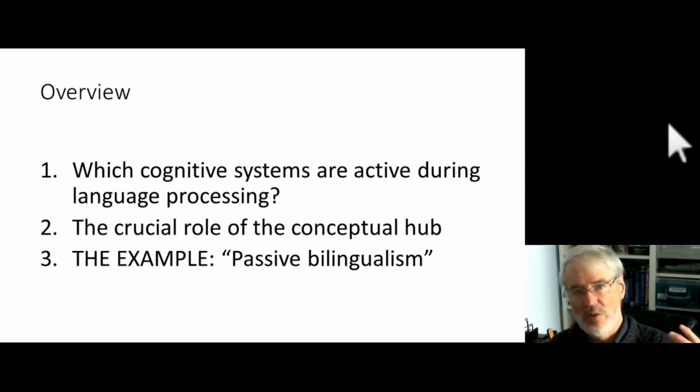So imagine you are using language like I am at the moment, in a particular situation, and the question is how do we represent this in terms of our model of the mind. We've looked at lots of these cognitive systems. Remember the outer layer and the inner layer. The question is which of them are active during language processing? Simple question.